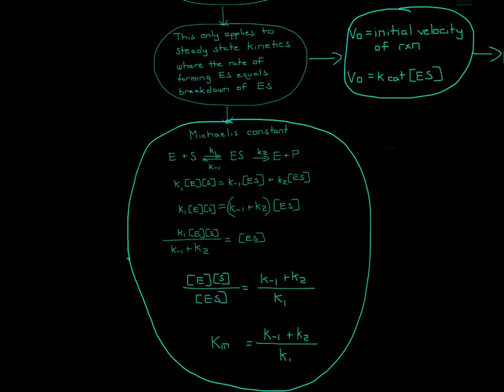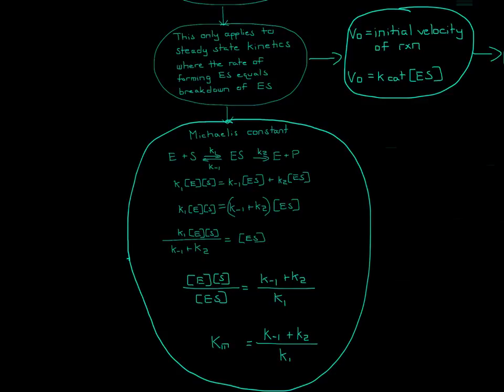This is how we make this assumption, because K1, remember, is the forward reaction. We have two reactants, so it's the concentration of enzyme times the concentration of substrate. And then over here we can set it equal because we're assuming steady state kinetics. Over here we're going to do K minus 1, and remember this one is the backwards reaction, so the reactant is still ES. And over here it's the forward reaction, so the reactant is still going to be ES, and then you have K2.